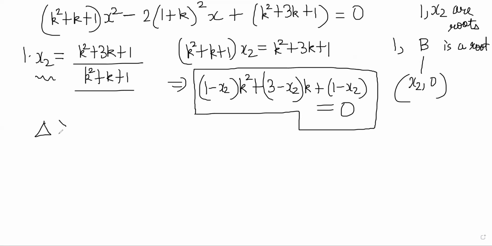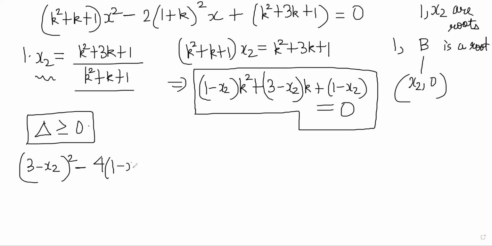Therefore, the discriminant of this quadratic must be positive, because the question has mentioned that this holds for all real k. So we get 3 minus x2 whole square minus 4 times 1 minus x2 whole square is greater than or equal to 0, which implies that 3x2 square minus 2x2 minus 5 is less than or equal to 0, after simplifying a little bit.